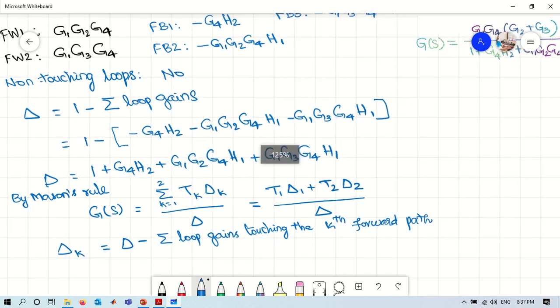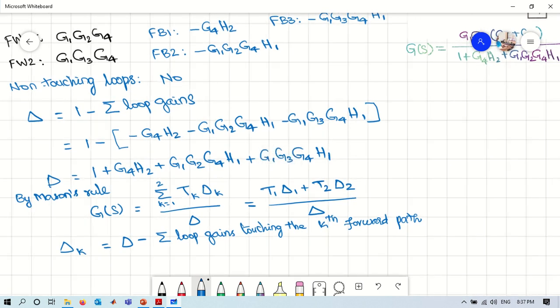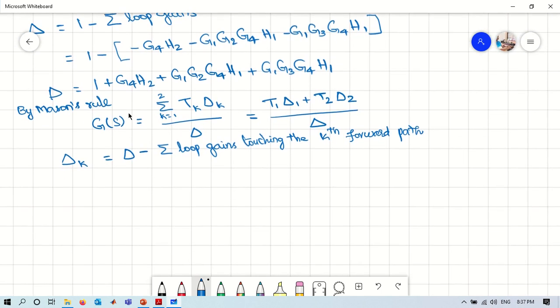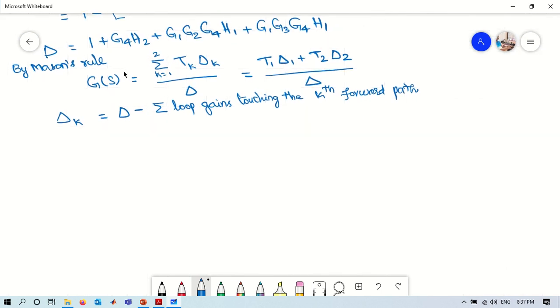Now in this case, since all loops touch both forward paths, whatever gains are present in this delta equation are again present over here.